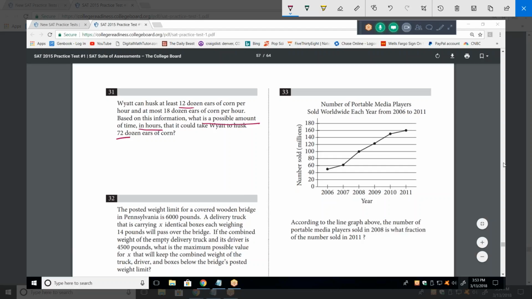The numbers are 12, 18, and 72. They're all dozen, so there's no conversion needed. Would it be 4 hours for 72? No, what's 72 divided by 12? 6. Okay, so it might take him 6 hours if he's having a bad day.